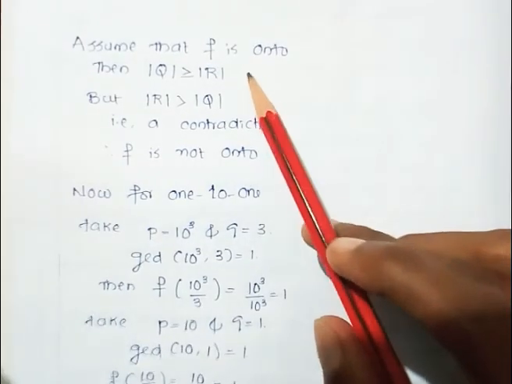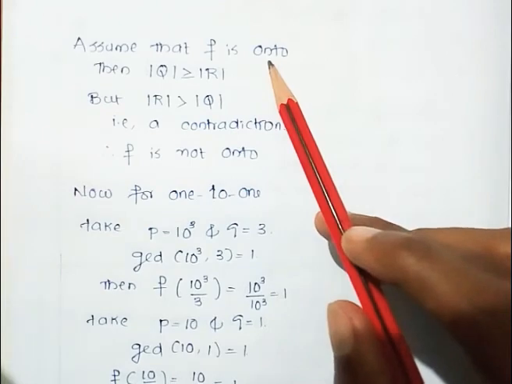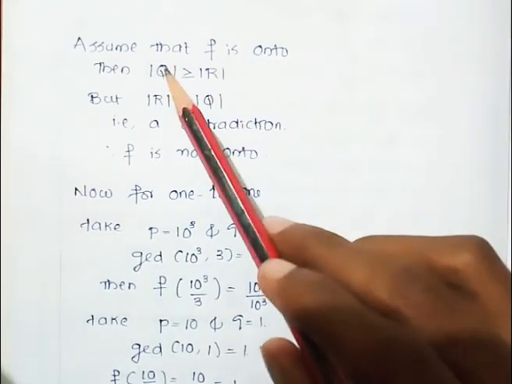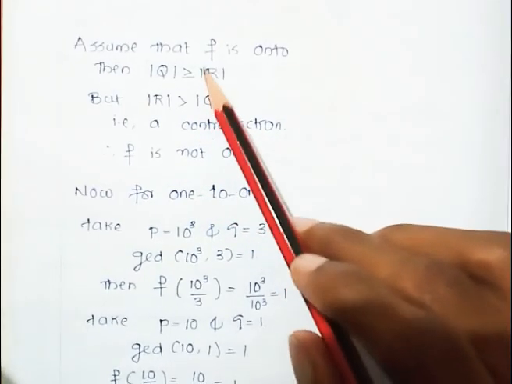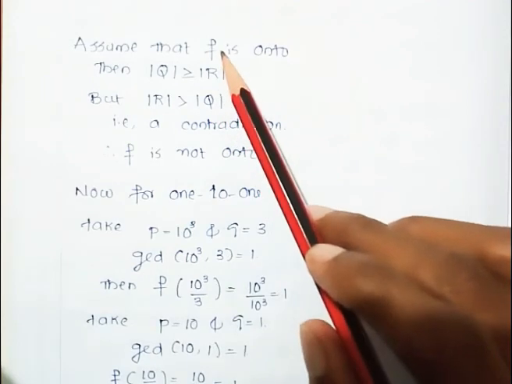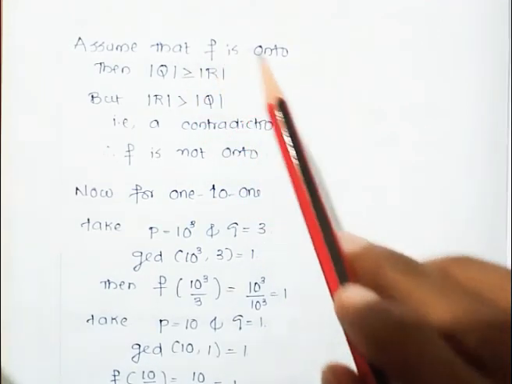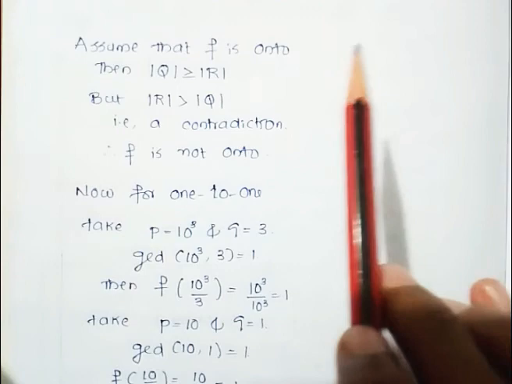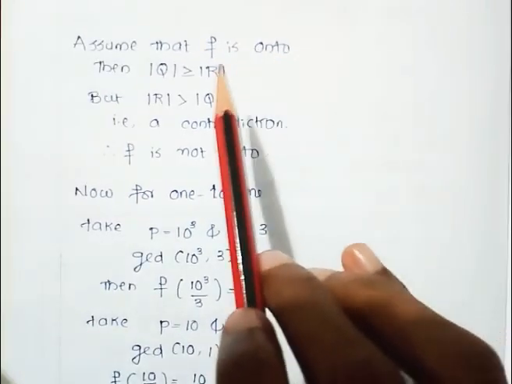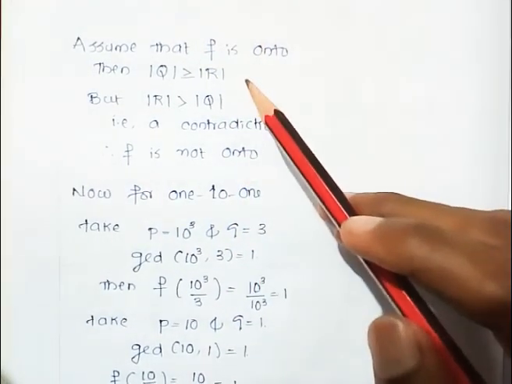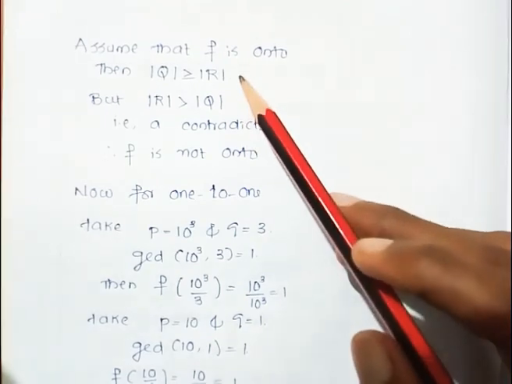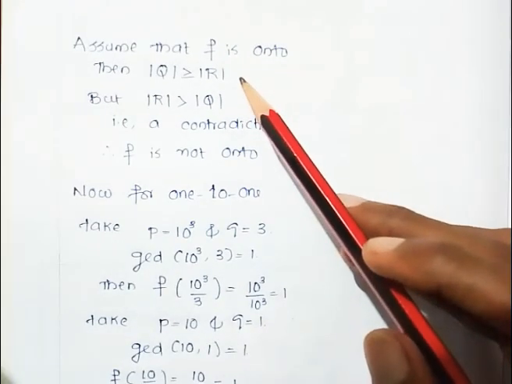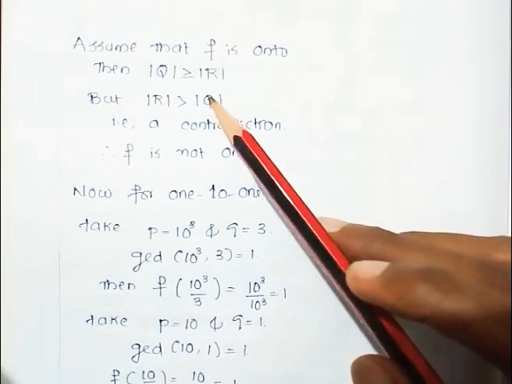Now assume that f is onto. Then by our result number 1 we have the cardinality of Q is greater than or equal to the cardinality of R, because our function f is from Q to R. But we know that the set of all reals is uncountable and the set of all rationals is countable.